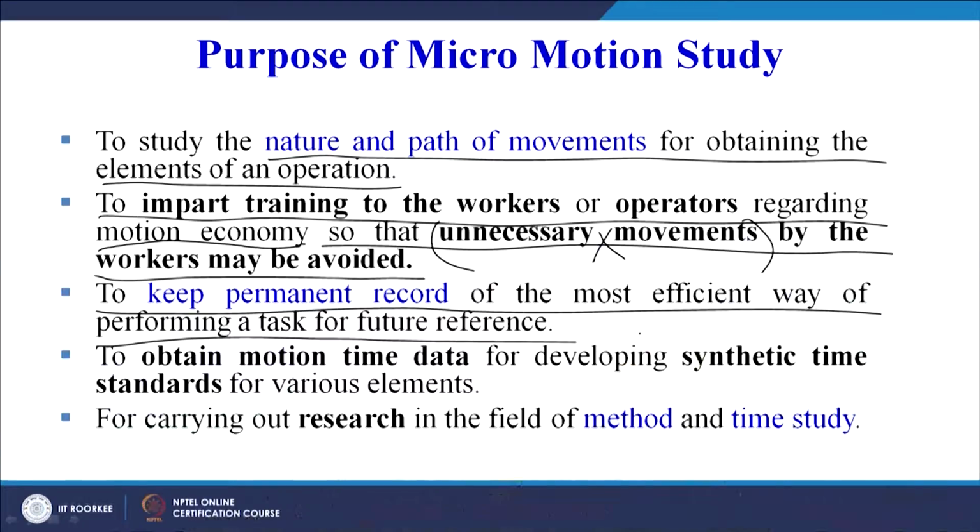So if we have found the best or optimal sequence or pattern of these basic movements or micro motions, we can record it for future reference, and that can become a standard method of doing the work.